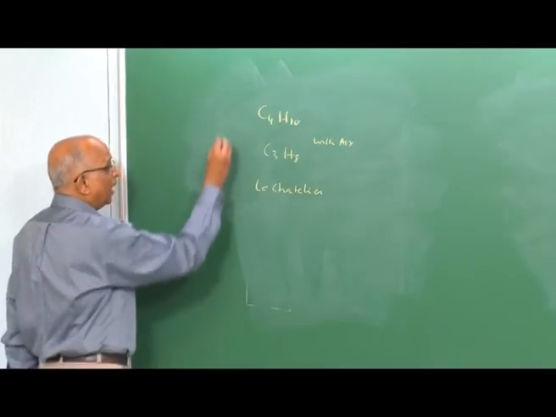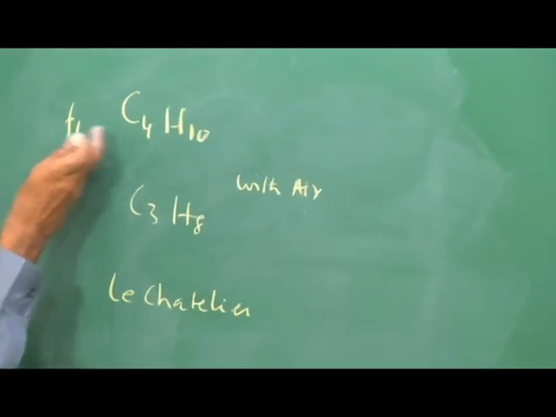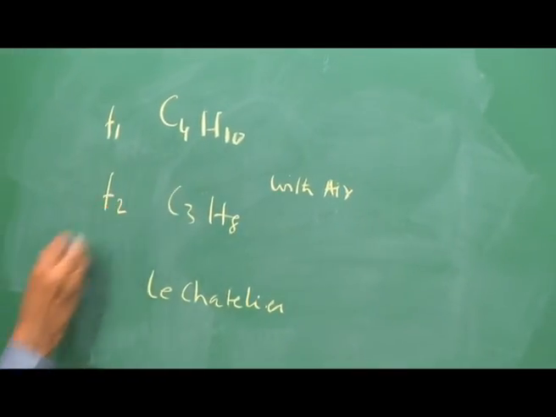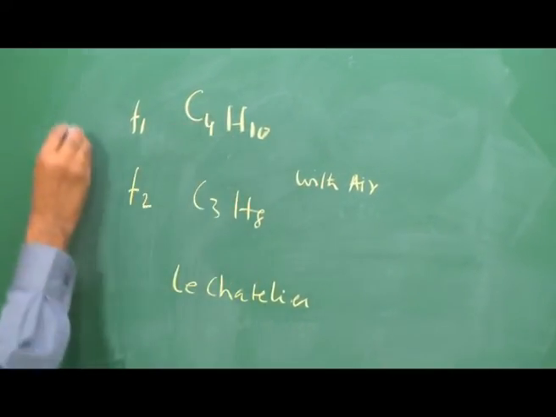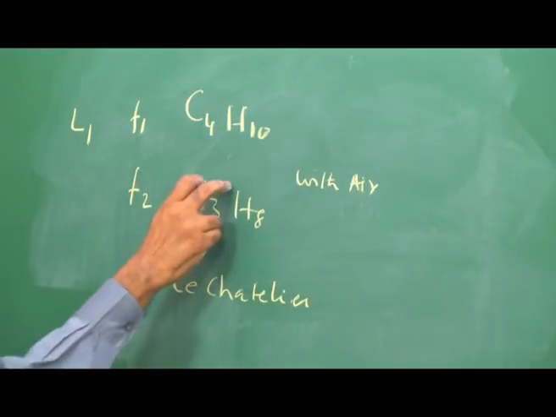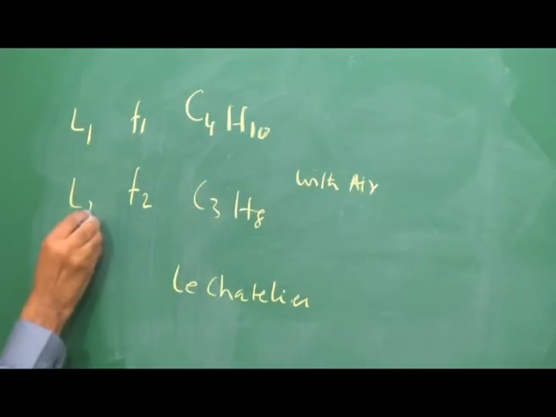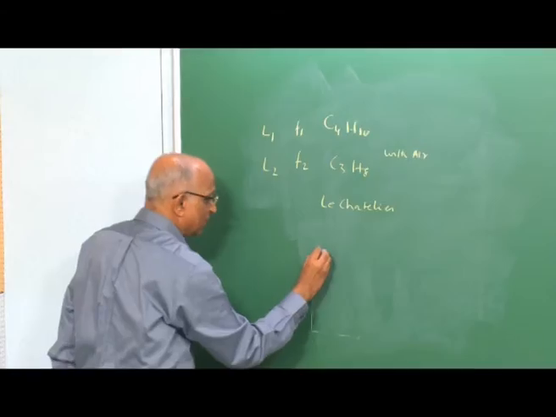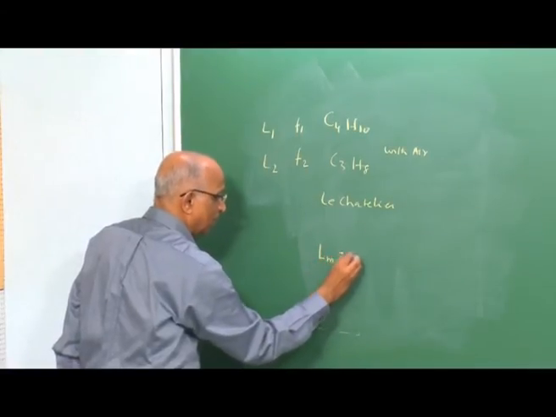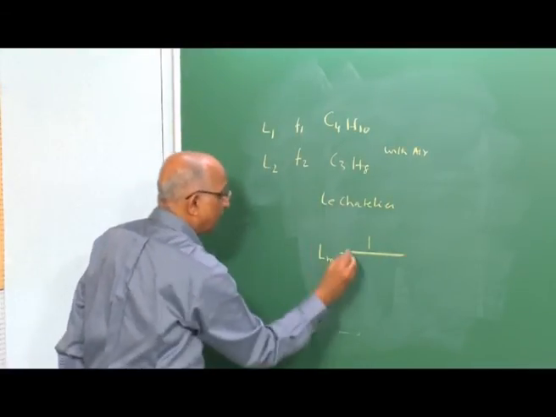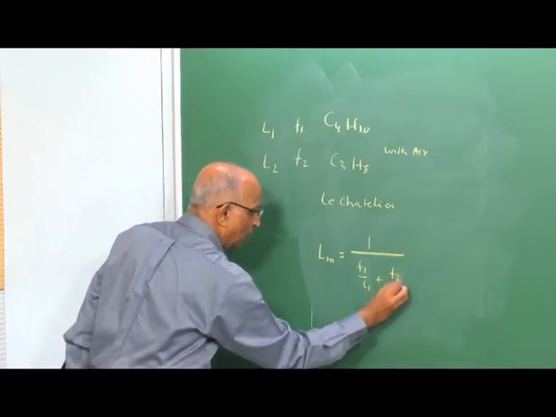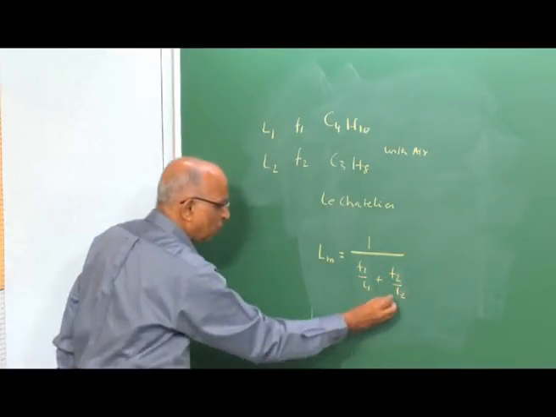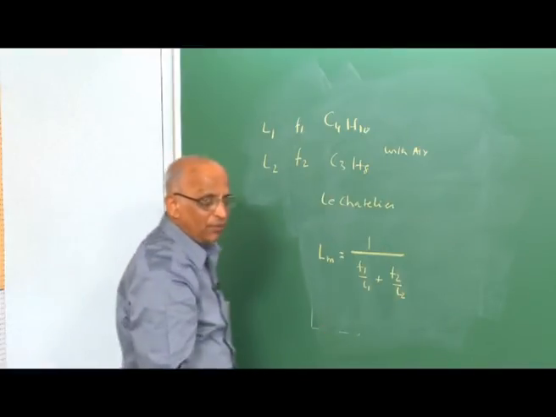For instance, I have F1, the fraction of volume of this gas, and F2 of this. If the lean limit in butane-air is, let us say, L1, and the lean limit in propane-air is L2, well, for this mixture of gases, the limit is equal to 1 over F1 by L1 plus F2 by L2. And this is what I show in the slide over here.